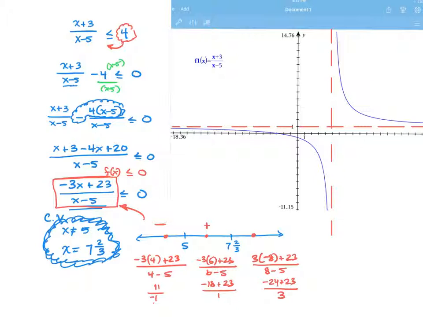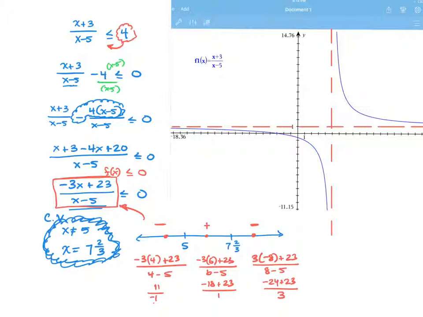So I get negative 1 divided by 3, and that is a negative number. So what I have here is intervals. If I am less than 5, I am going to be less than 4. And also, as this function gets greater than 7 2/3, it will also be less than 4.